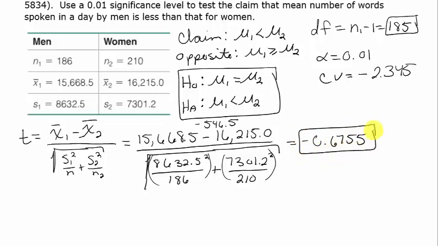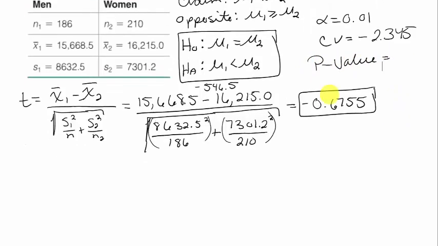You can also use your graphing calculator to calculate your test statistic, and it will also give you a p-value. When you do this on your graphing calculator, I still want you to write out the formula for your test statistic, plug the numbers in, and then tell me what the test statistic is equal to.